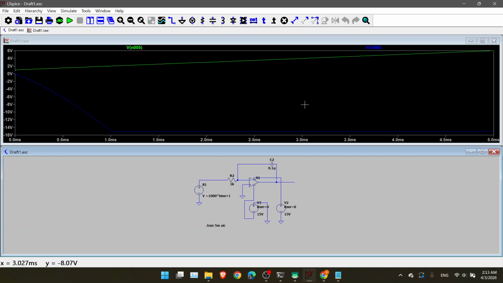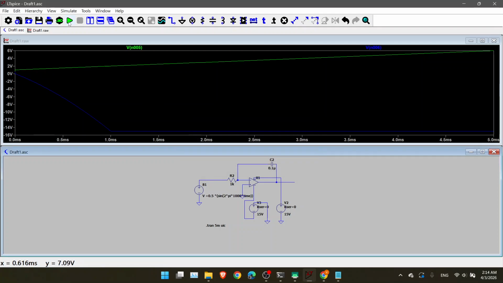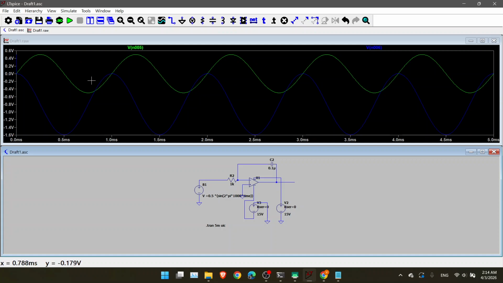Now let's try some interesting functions. Let's try this function. I already have some functions. This is a constant sine function. Run this again. What do we get? My input function looks something like this.